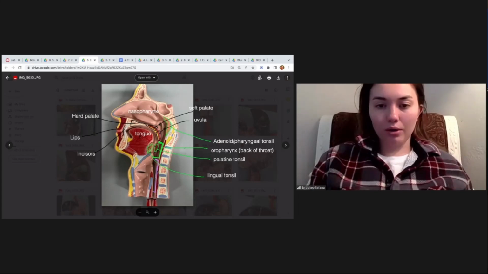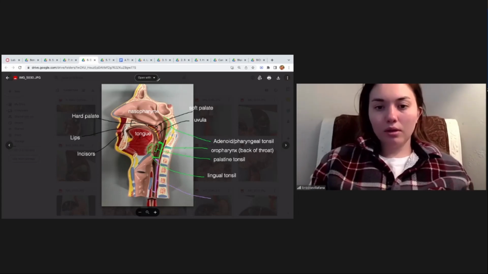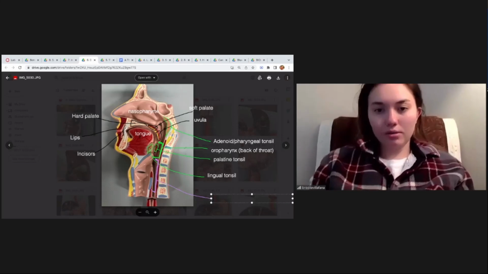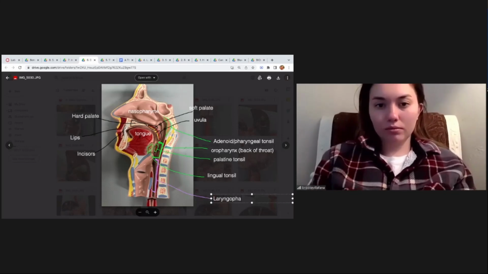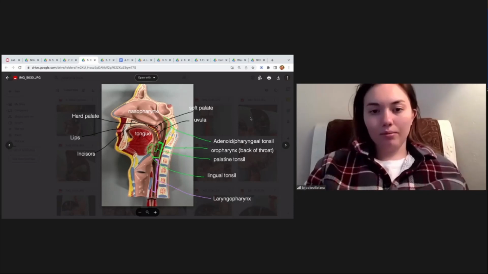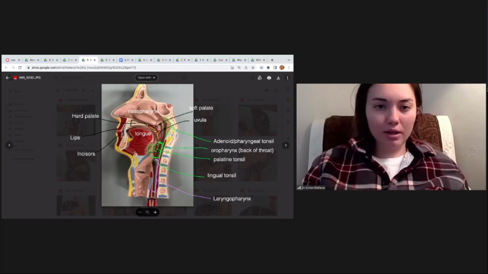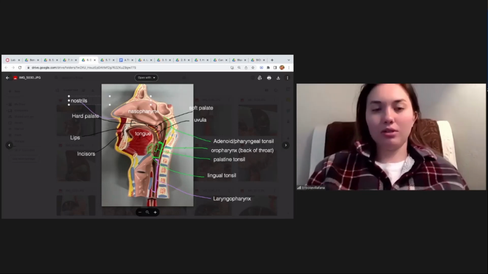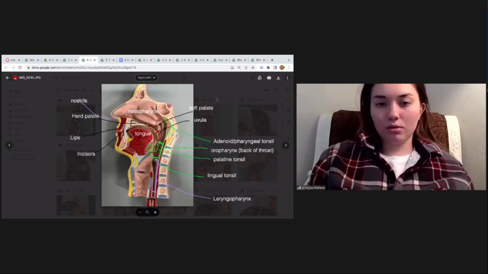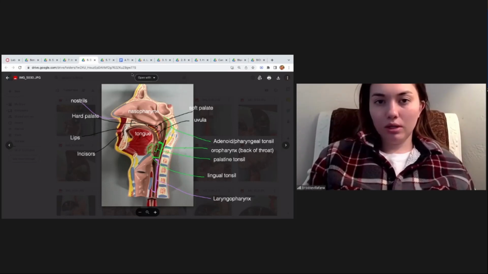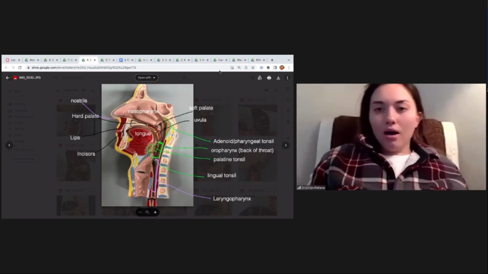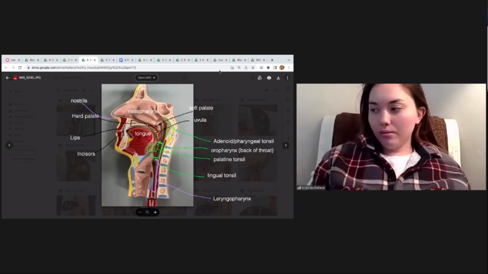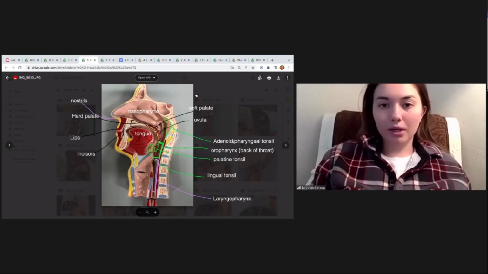The area where your kind of larynx is. Laryngopharynx. That should be everything. I think potentially you have nostrils on there. Hopefully at this point you guys know what nostrils are, but nostrils would be your nose entry. Everybody got everything there? Keep going down. That's good with you guys. I'm going to erase this.